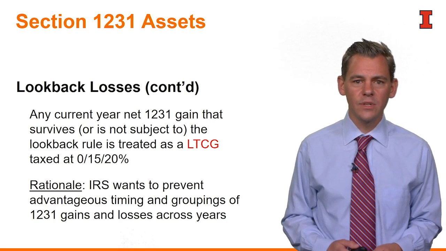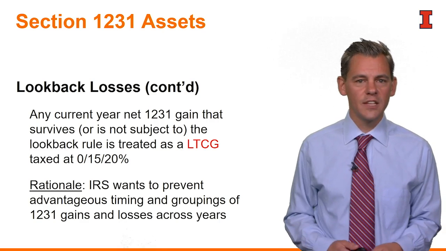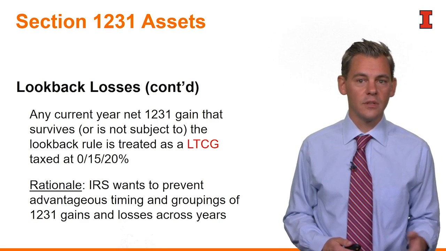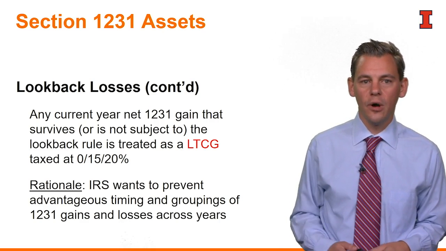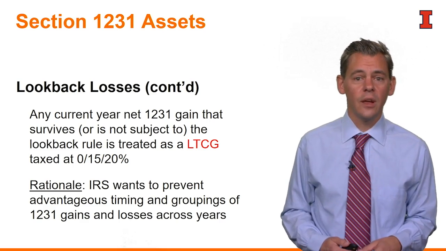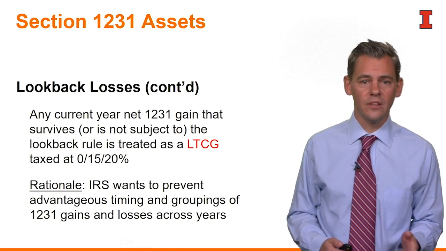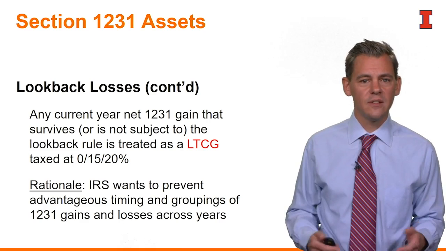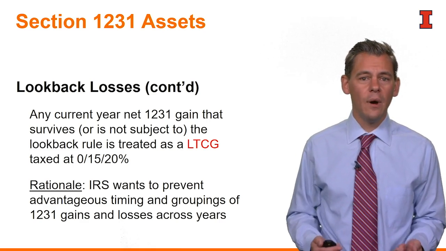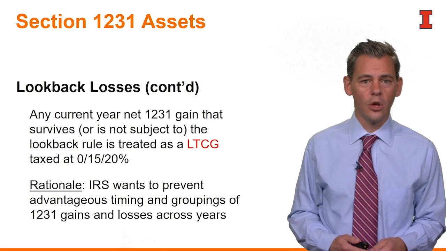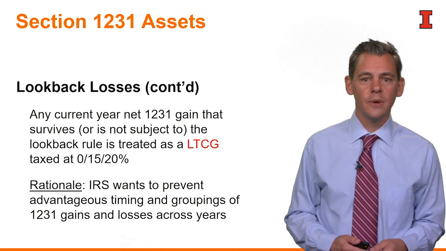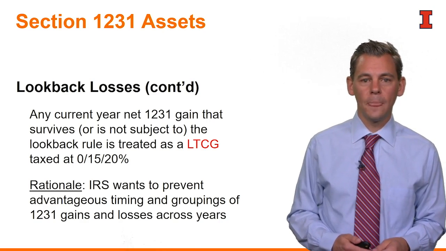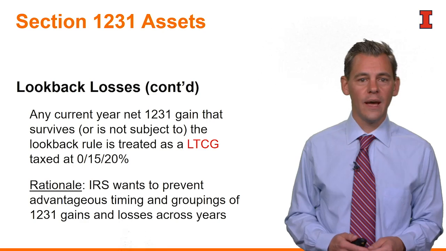So why does the IRS do this? Well, again, taxpayers might want to group all the losses in one year to get the ordinary deduction that year, then group all the gains in the next year to get preferential tax rates in the next year. And so they'll play this timing game. However, if the taxpayer had sold all the loss and gain property in the same year, they would have offset each other because they'd be in the same category. That is, they'd be Section 1231 assets.